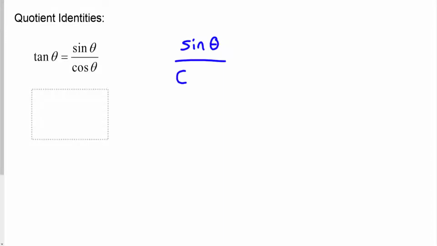Quotient identities. It is also true that tangent of theta is equal to sine theta over cosine theta. This one isn't quite as obvious, but I can show you very quickly how that works. Sine theta over cosine theta. Sine of theta, we learned, is y divided by r, and cosine theta is defined as x over r.